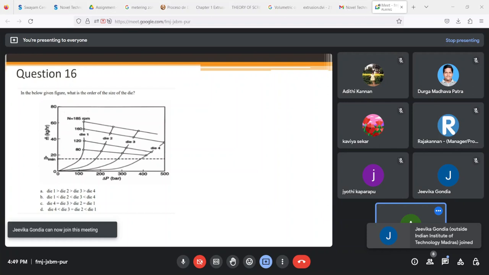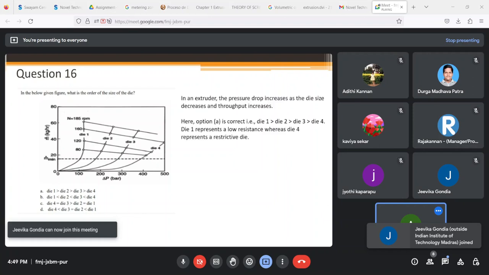Die 1 is larger, because here you can see the pressure that is required to maintain a good mass flow rate is very less. When you have a large opening, you do not require much pressure to push your product through the hole. But if you have a very small opening, you'll require a lot of pressure to push the food product through the hole. So the amount of pressure required is inversely proportional to the size of your die.